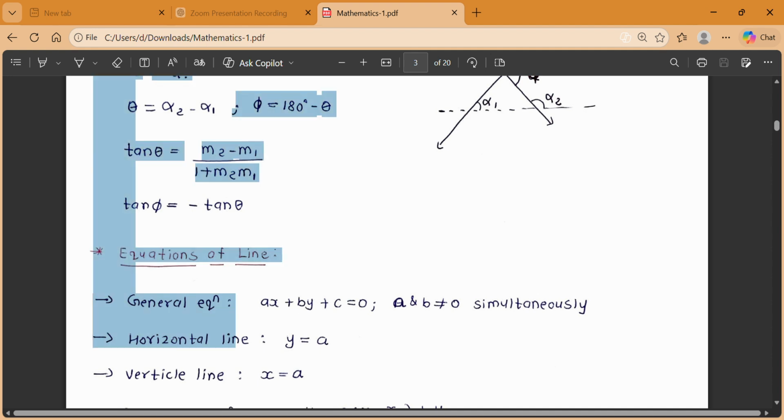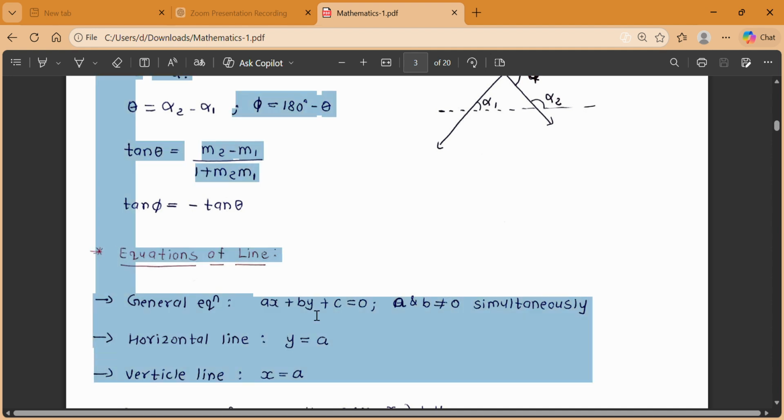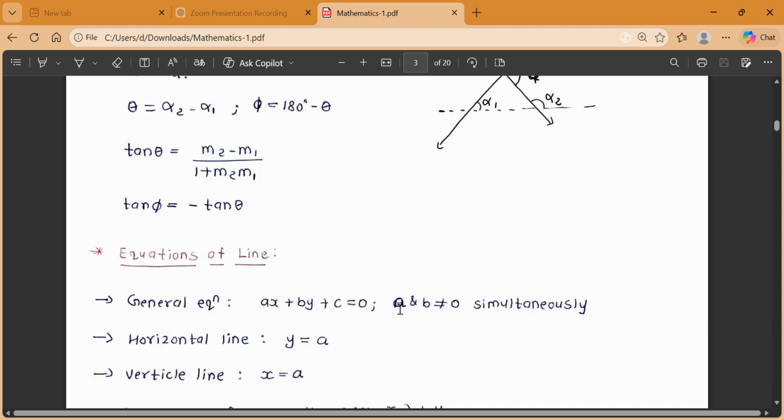Equations of lines. General equation: ax plus by plus c equals 0, with a and b not both 0 simultaneously.